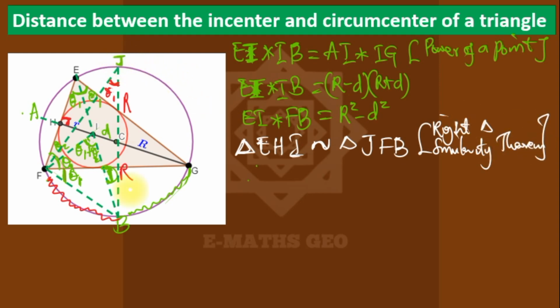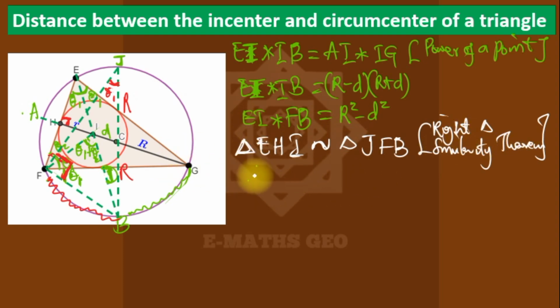This is the diameter, JB is the diameter, making angle JFB 90. So here is 90, since the radius is always perpendicular to the tangent line. So this is also 90 degrees. From here to here is 90. So that's how we got the two similar triangles.